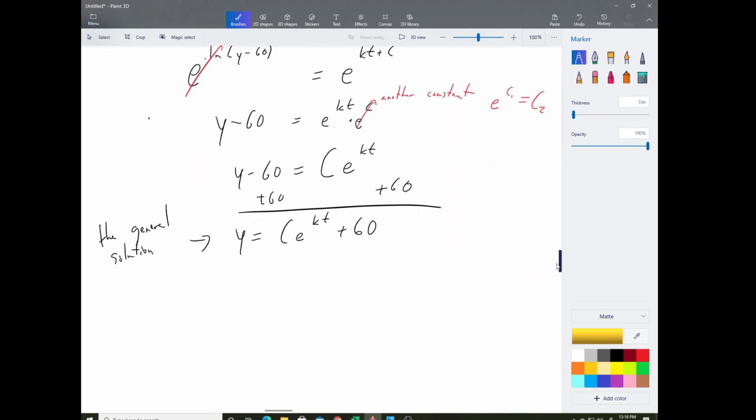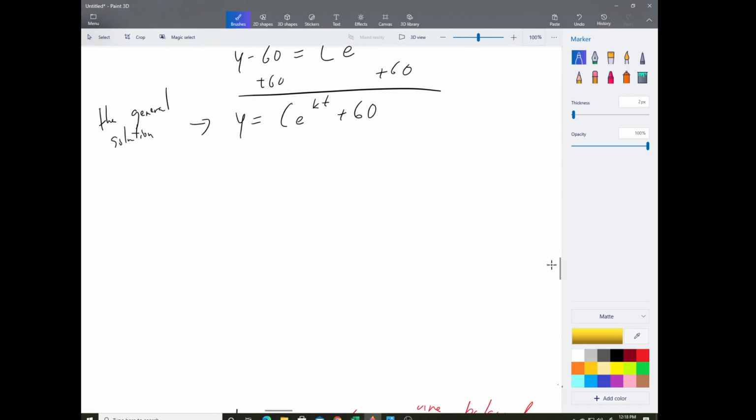So if I come down here and just write that down, the initial temp was 100 degrees and it cooled 10 degrees in 10 minutes. Those are both points on our graph. Those are our X and Y essentially.